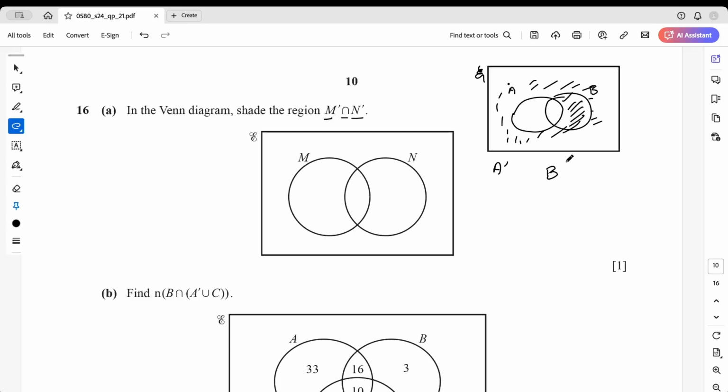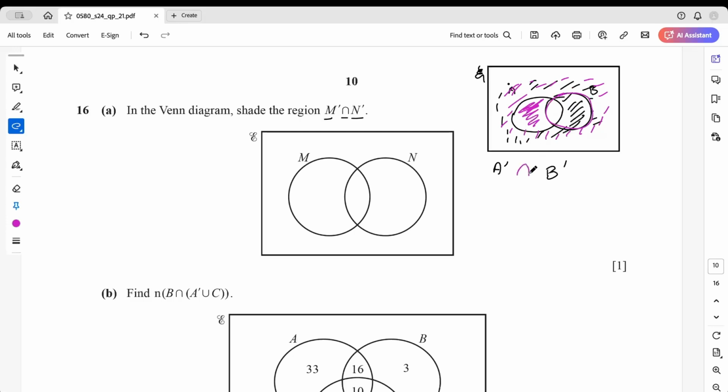And when I say B complement, let me use a separate color. I mean everything else from the region bounded by B, which is all of this. Right? Because B is bounded by this circle. So everything outside of this circle that marks B is B complement.